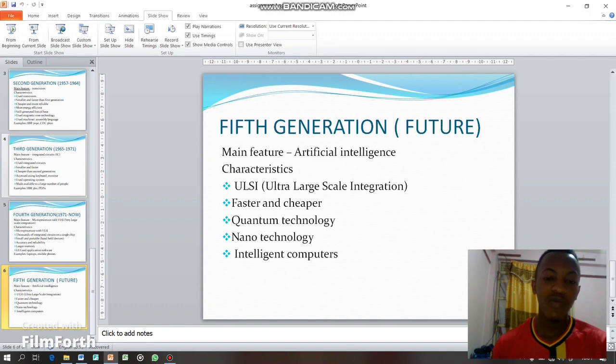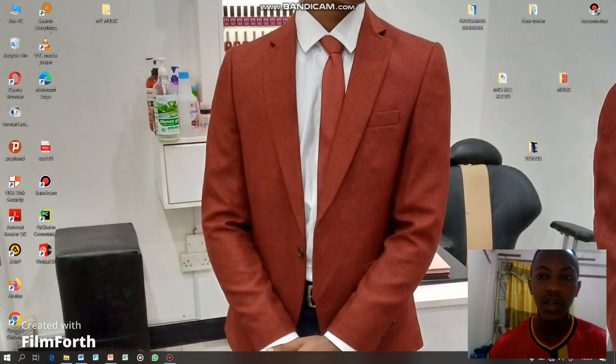There will be introduction of nanotechnology, and there will be very, very intelligent computers such that anything you ask it to do, it will do, because there will be automatic, using the intelligence of artificial intelligence, which is uploaded in them to perform tasks that you command them to do. So that's all for computer generations, and that's it.